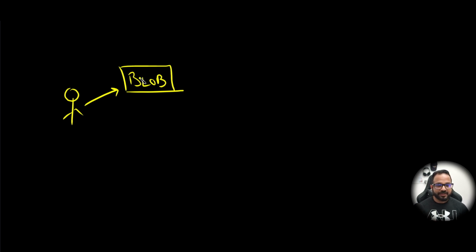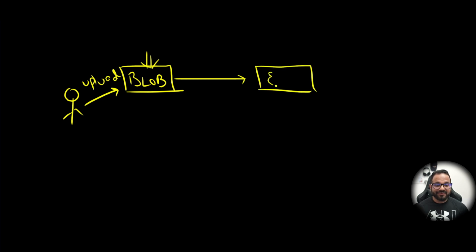If you have worked with AWS before, let's say the user uploads a file to this, and you want, as soon as there is a file uploaded to this Azure Blob storage, an email to be triggered after this particular event. So this file upload is an event.